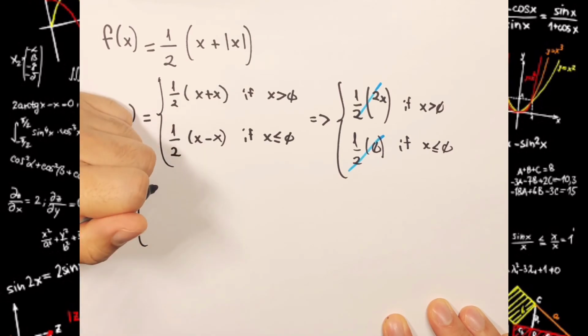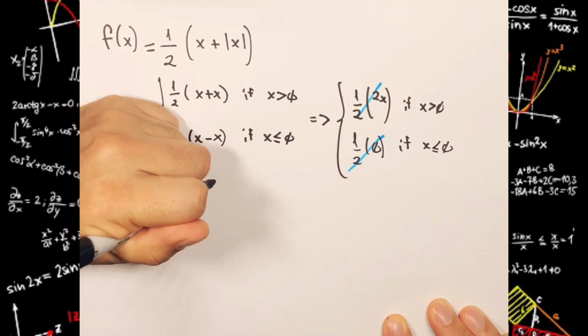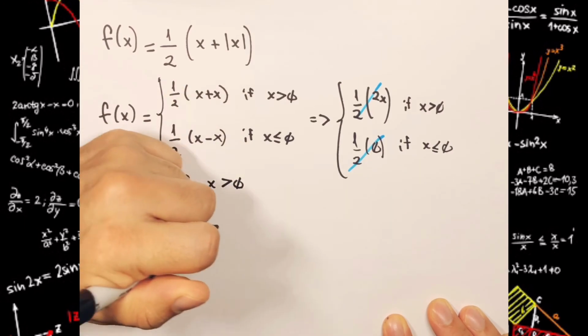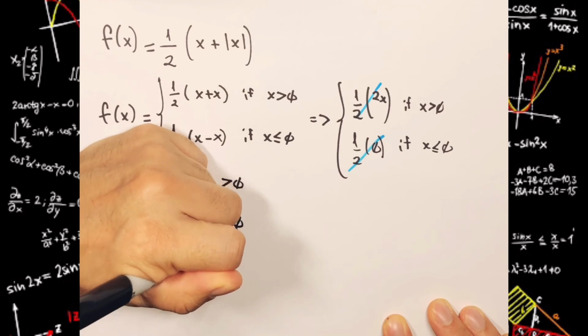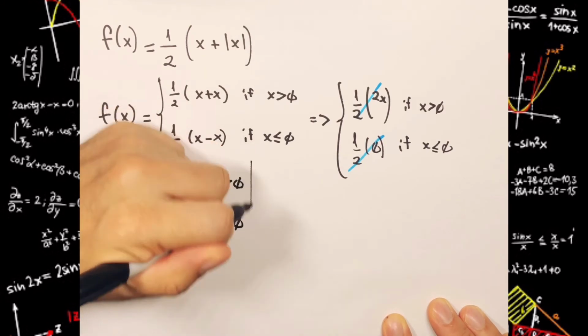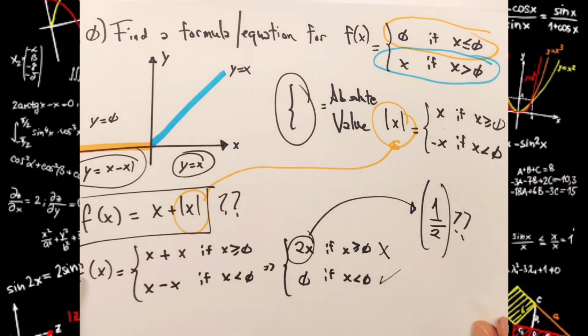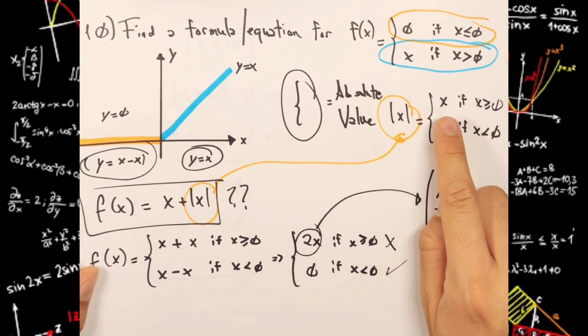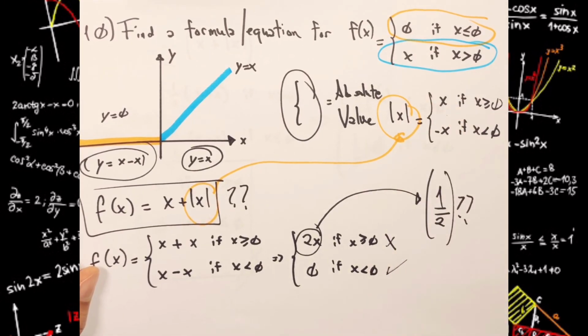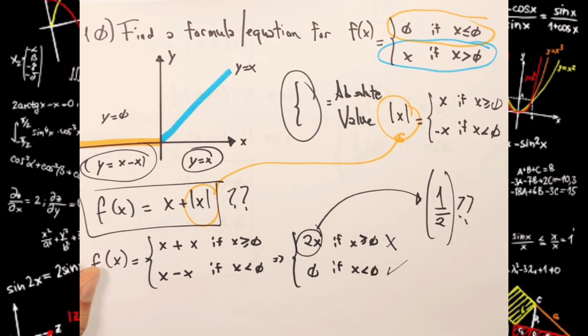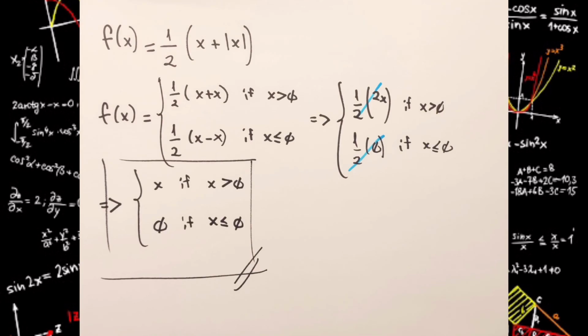Therefore, the bracket is going to be x if x is greater than 0, and 0 if x is less than 0. And as you can see, this right here is the original problem, which means we were able to solve it by brainstorming. There we go. We have the original exercise solution, and we were able to get it by doing trial and error with absolute value. See you in the next exercise.